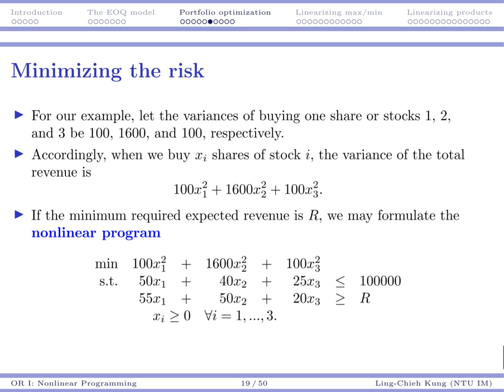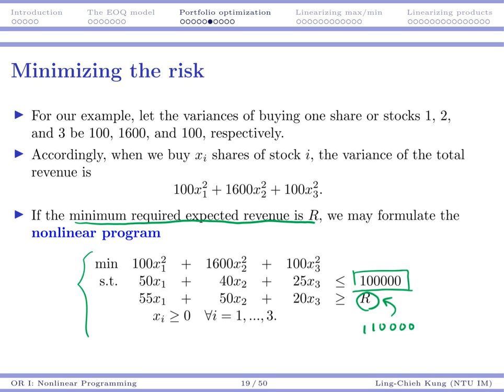If the minimum required expected revenue is R, for example, if you tell yourself, okay, I'm going to invest 100,000 and I want at least a 10% return rate, then I'm going to set my R to be 110,000. Once I set this value, I now try to solve this nonlinear program.